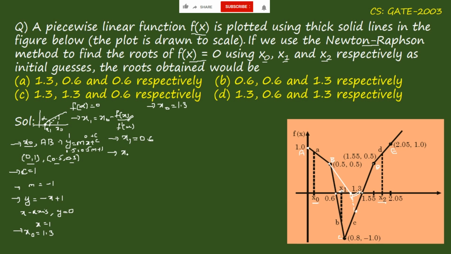Now coming to the x2 value. It is in between D and E. Now we draw one more tangent to it, and it will touch the x-axis at a particular point.